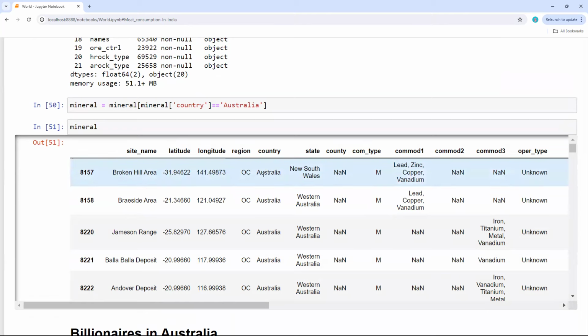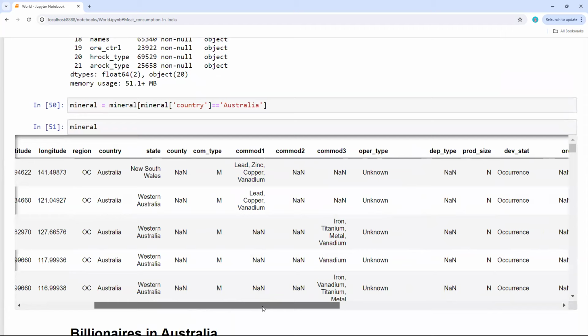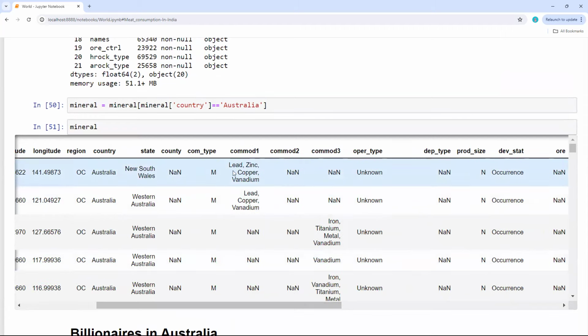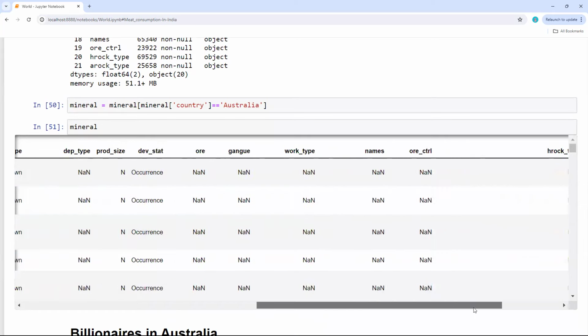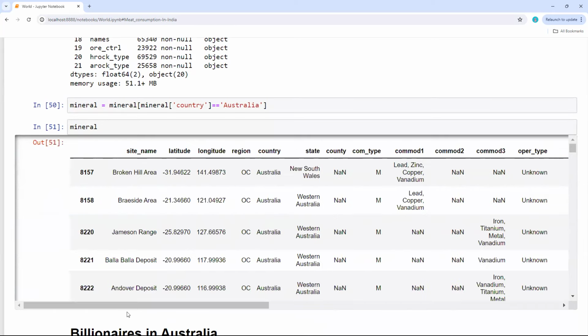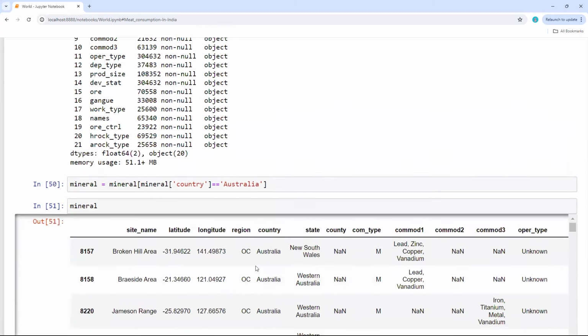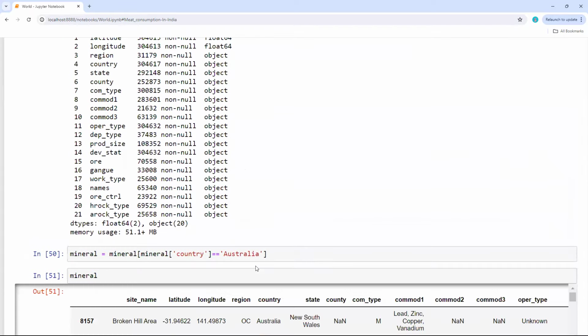That is why it is replaced as OC. And the commodity, nothing but lead, zinc, copper, vanadium, and occurrence. So this is how the mineral ores are present in Australia.